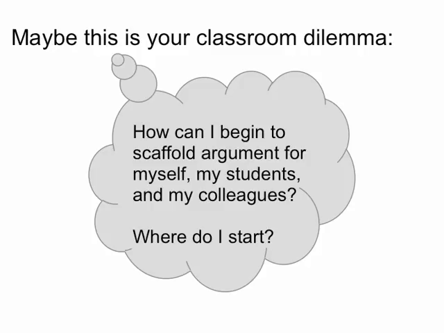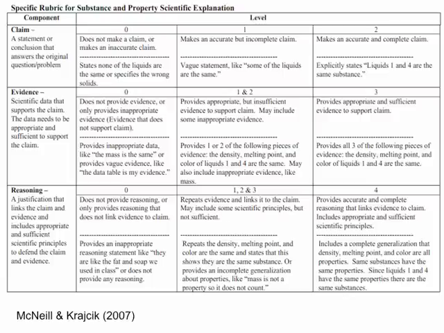So maybe this is your classroom dilemma. How can I just begin to scaffold argument for myself, my students, my colleagues? Where do I start? What I did is I didn't reinvent the wheel. How do you assess this in a way that's clear to you and your students?